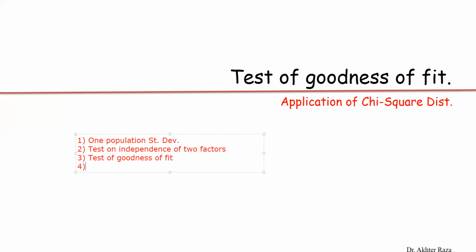And the last one among the list of four is testing multiple proportions. These are the different uses of chi-square distribution, and today in this presentation, we are going to highlight the test of goodness of fit.